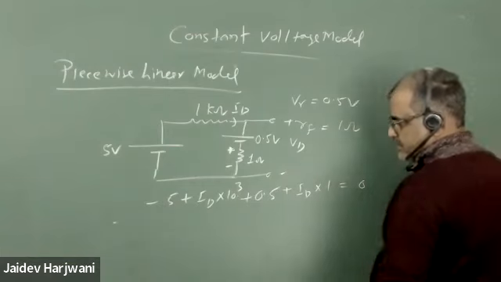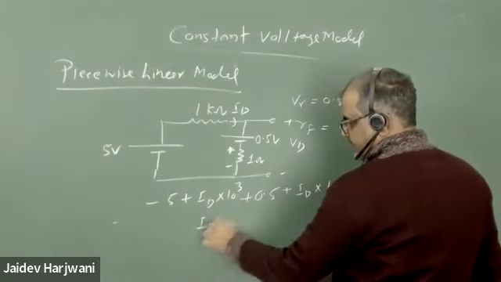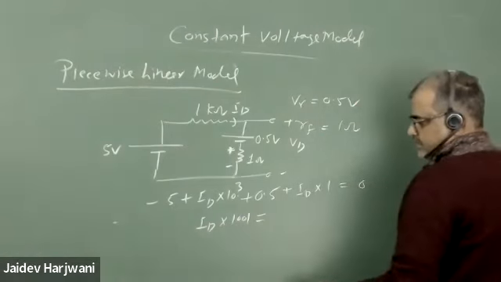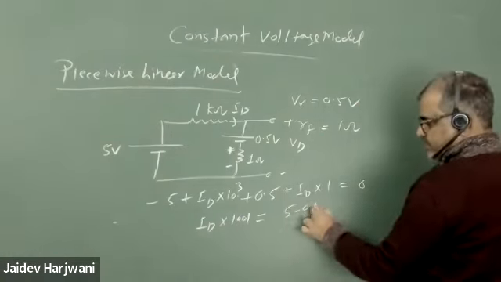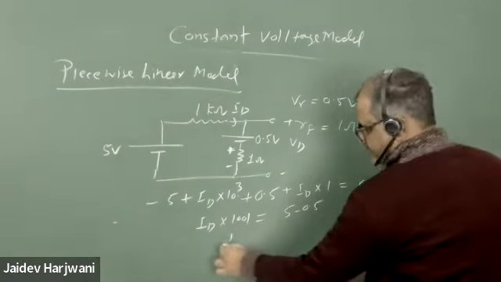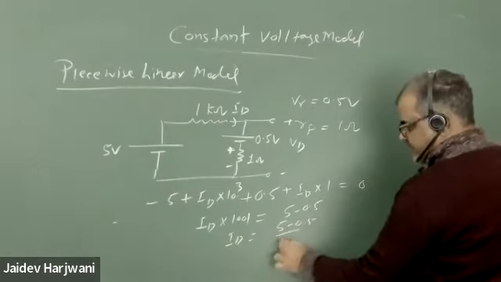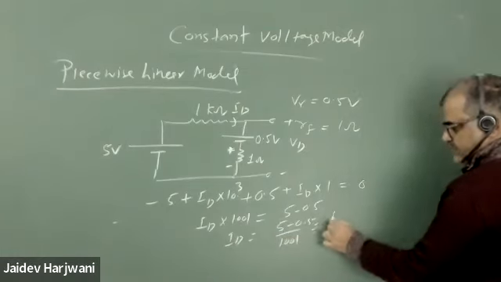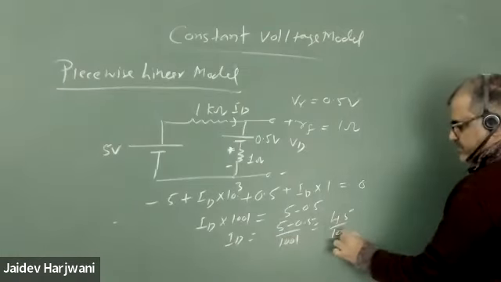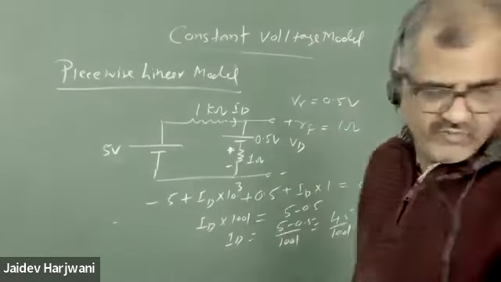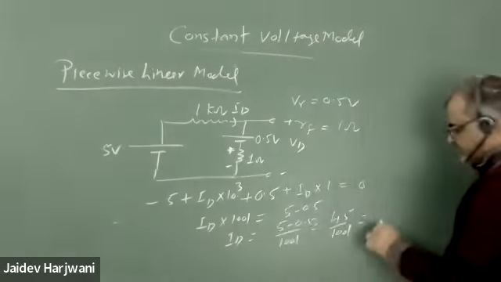So I will have ID into 1001, which will be 5 minus 0.5. So ID will be 5 minus 0.5 upon 1001. This is 4.5 upon 1001, so the current should come around 4.496 milliampere.